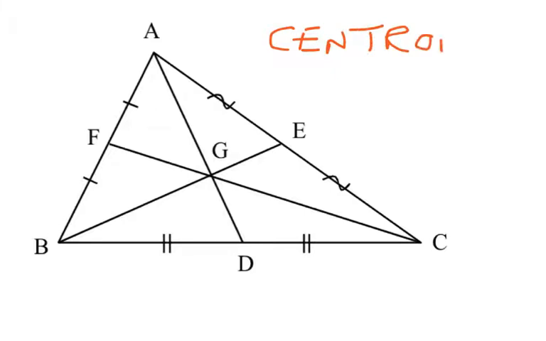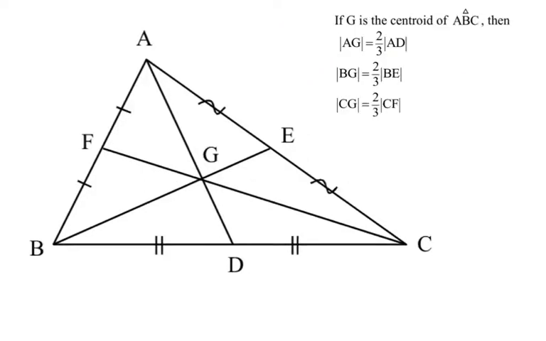Super. Okay. What we're going to look to prove today then is, if we have a look at those medians, we're going to try and show that this length here, AG, is 2/3 of the whole length of that median.